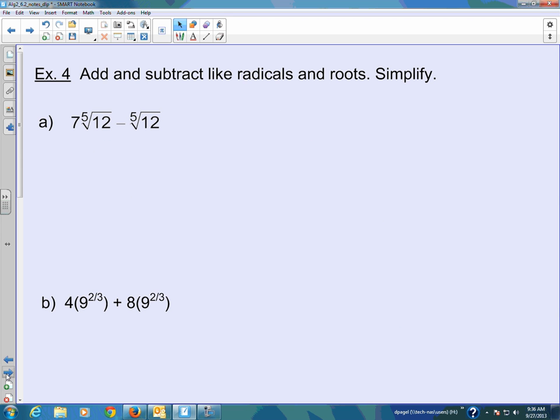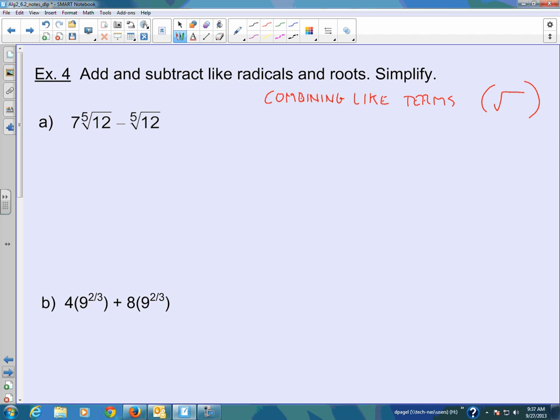All right, what about adding and subtracting? So we've been dealing with the multiplication and division properties. What happens when you have radicals that you add and subtract? Well, what you want to think about with this stuff is combining like terms. That's really what we're doing here. Where our like terms are just radical form.